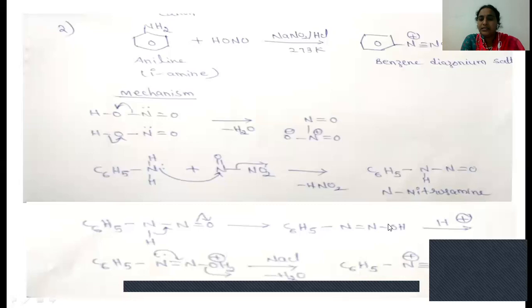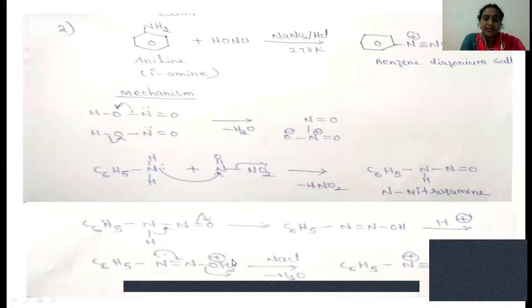Further, this compound reacts with acid. The oxygen, which has lone pair electrons, takes a proton, so it forms OH2 plus. Because this oxygen has a plus charge, which is unstable, it takes its bonding electrons and is eliminated as a H2O molecule.